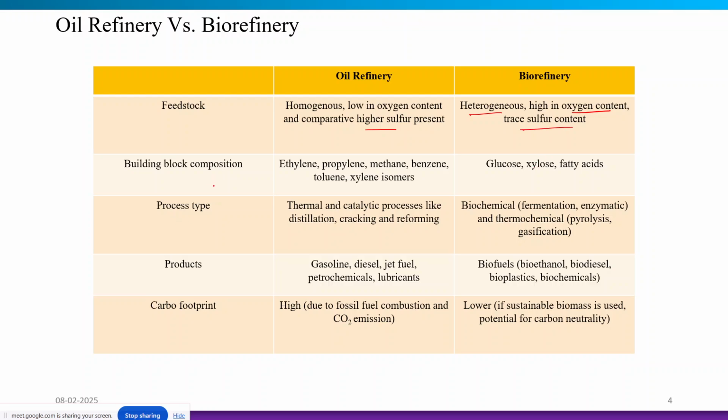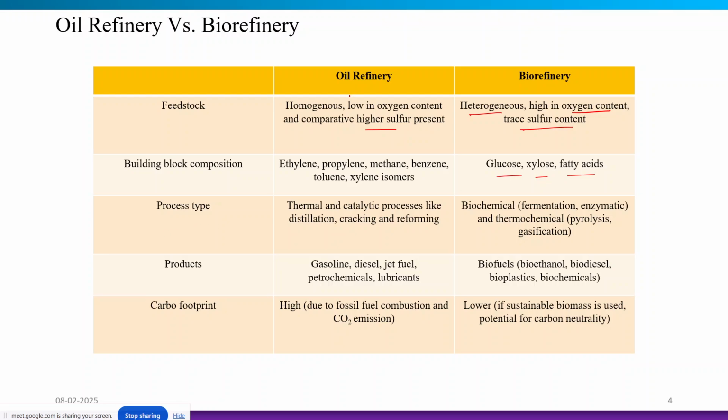The building block composition for the oil refinery is ethylene, propylene, methane, benzene, toluene, and xylene isomers. Those are considered to be the building blocks. For the biorefinery, those are mainly glucose, fatty acid, and xylose.